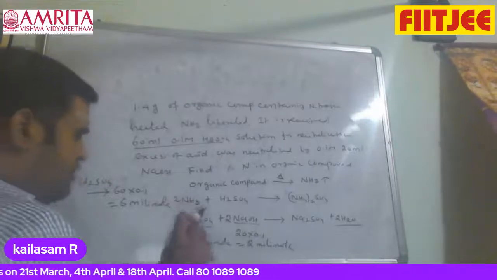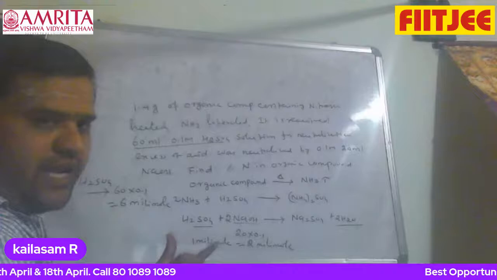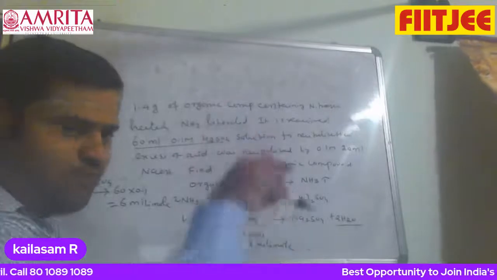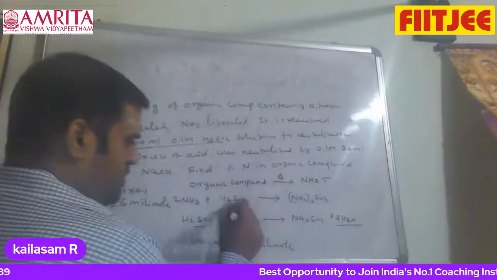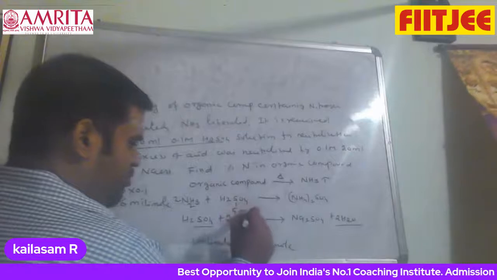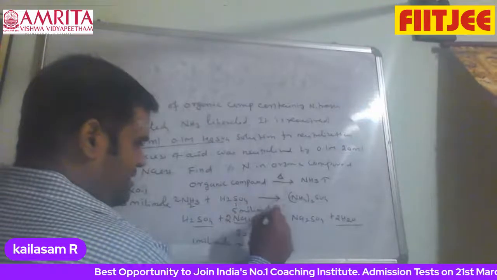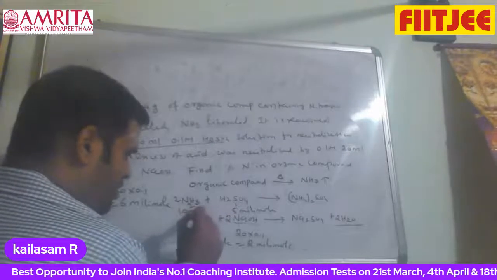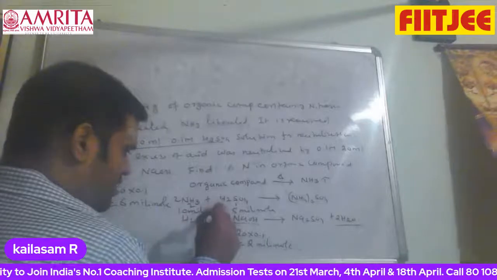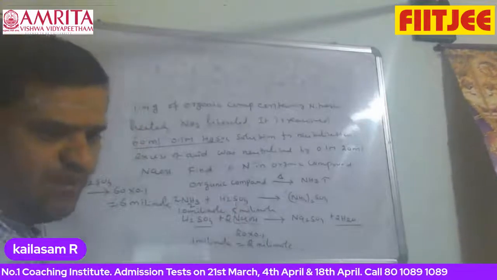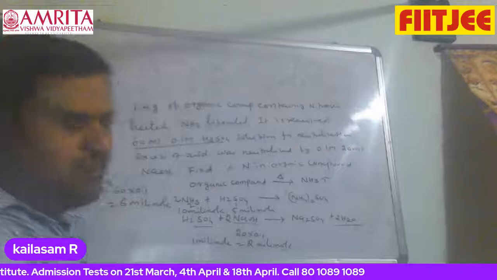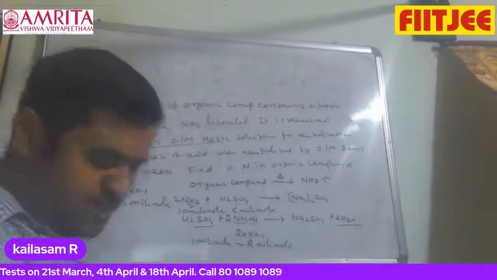Out of 6 millimole, 1 millimole reacts with sodium hydroxide. Remaining is 5 millimole. That means 5 millimole of sulfuric acid reacts with 10 millimole of ammonia. So I have 10 millimole of ammonia.